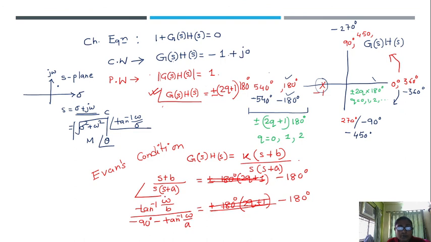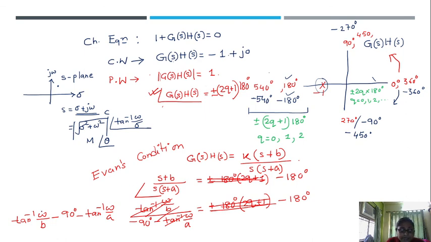Sorry, I made a mistake. It will not be that. It will be tan inverse of omega by b, minus 90 degrees, minus tan inverse of omega by a, because in angle criteria or argument calculation we take the angle as an algebraic summation.